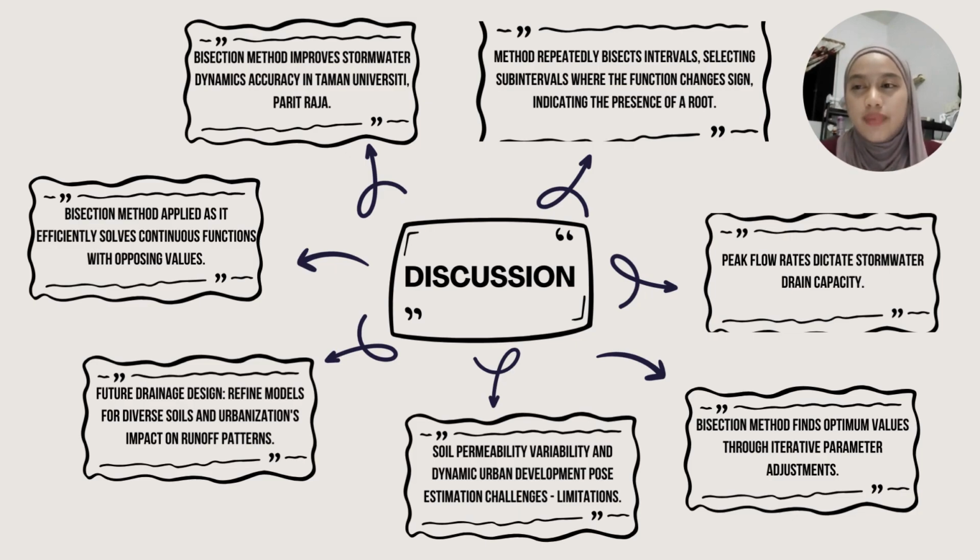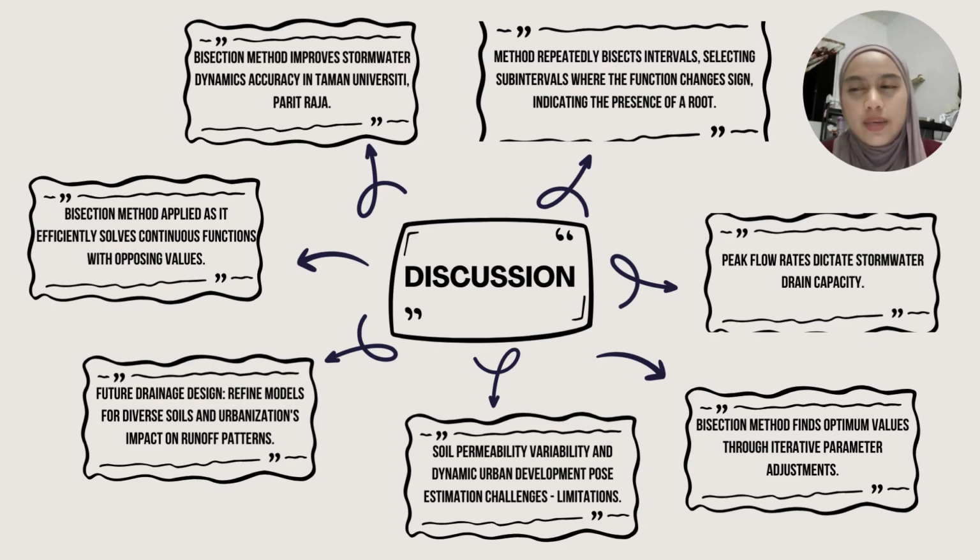Next, the bisection method provides a more accurate representation of the stormwater dynamics in Taman University Parit Raja. The calculated peak flow rates determine the capacity requirements for stormwater drains, and the bisection method is used in this study because the bisection approach can be used to solve any continuous function that has two values with opposite signs.